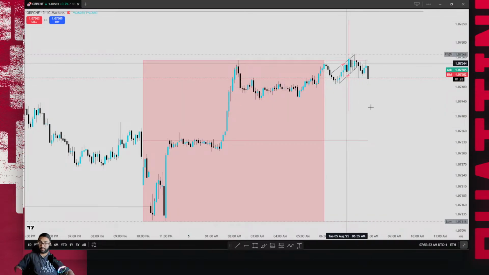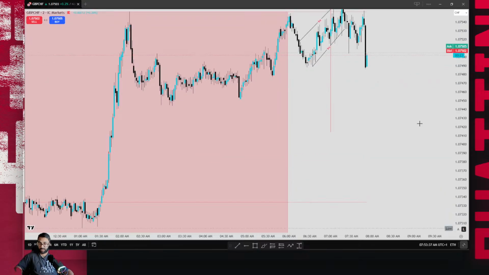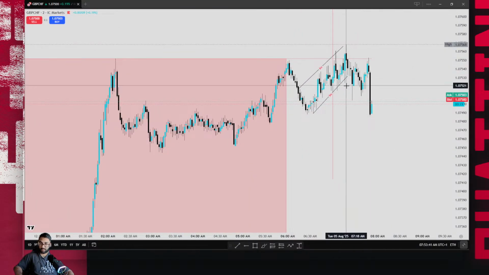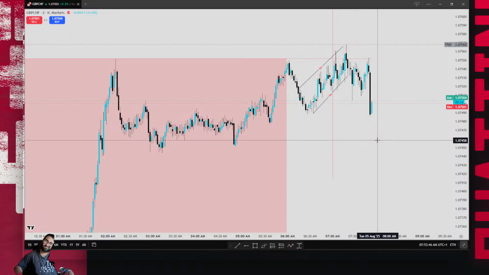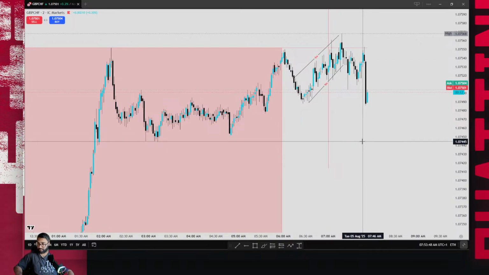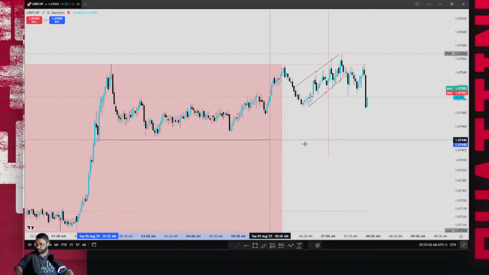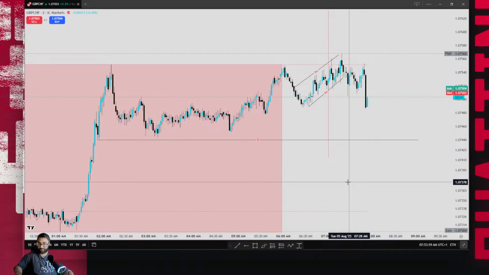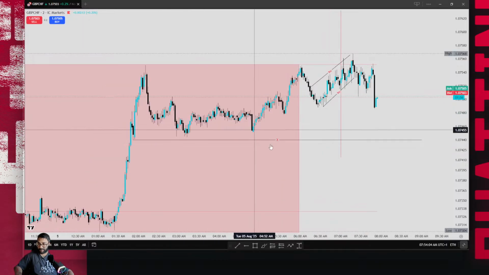So if we got a build up there, just go on the M2 so I can get a bit of a better image. This is some internal liquidity right here. Just look at that price action.